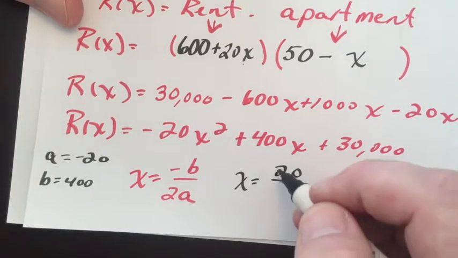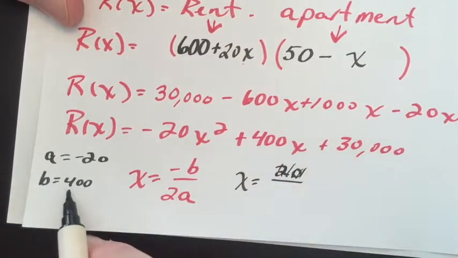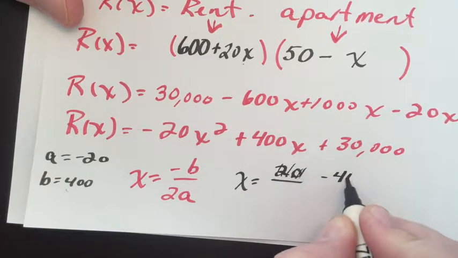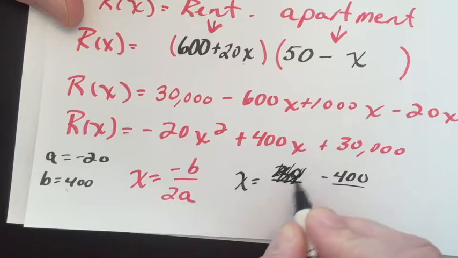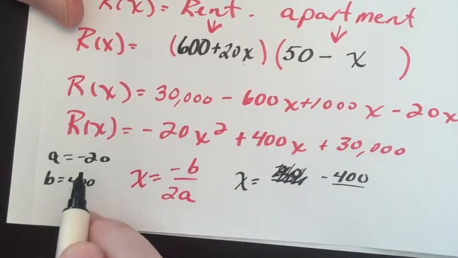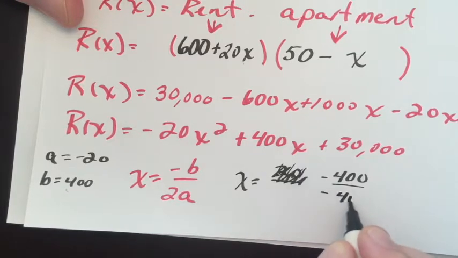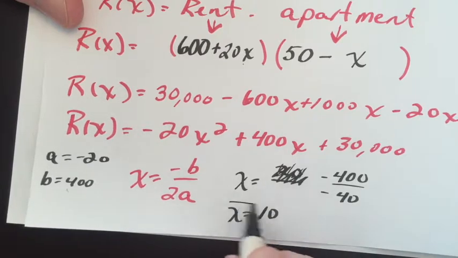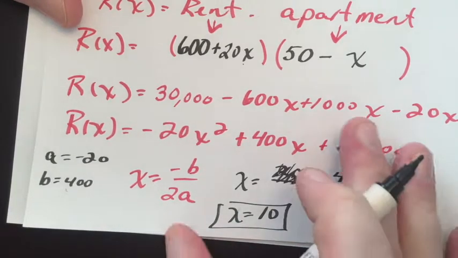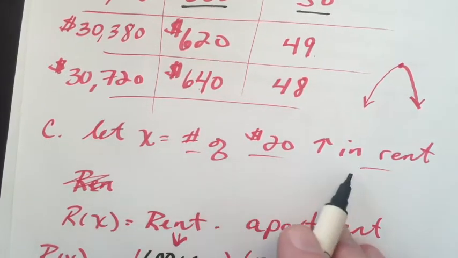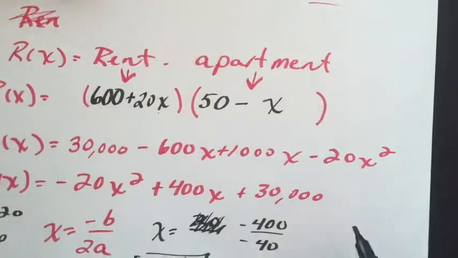Oh, I did that wrong, didn't I? Negative b would be negative 400. Negative b is negative 400 over 2a, which would be negative 40. Well, 40 divided by 40, x is equal to 10. And please remember what that 10 represents. That 10 represents the number of $20 increases in rent.